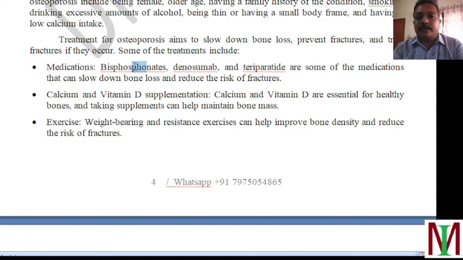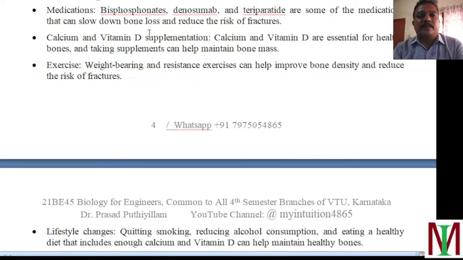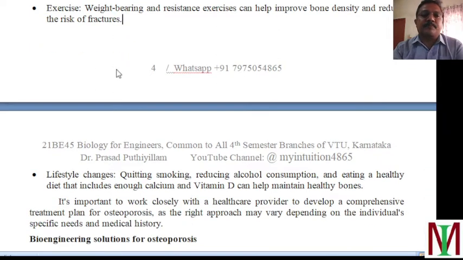For medication or prevention, there are medications like bisphosphonates, a drug, denosumab, teriparatide, some of the medications. Doctors know better than us. Calcium and vitamin D supplements, which we generally know, should be supplied to such persons.